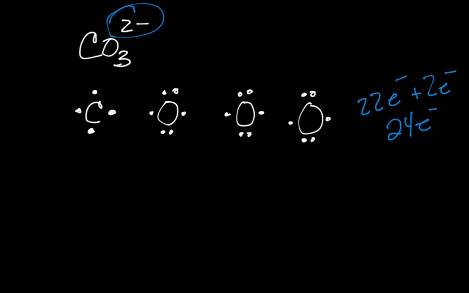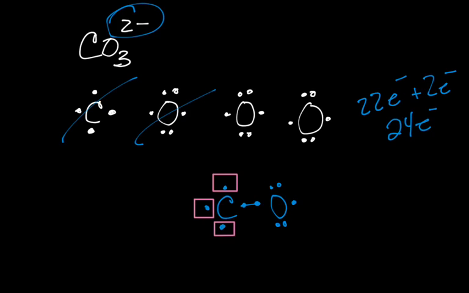Okay, now do what we've been doing. Start with the one that needs the most electrons, which would be our carbon. And now let's stick in the other ones. So we'll put in oxygen. I'm going to put him here. Doesn't really matter. So we'll connect those. Now, where am I going to put the next oxygen? Carbon has 3 more bonding spots.